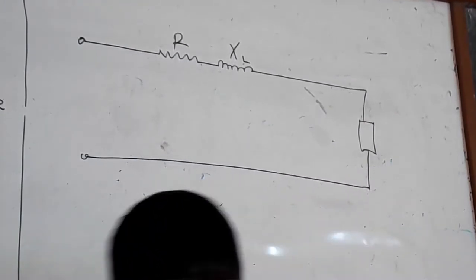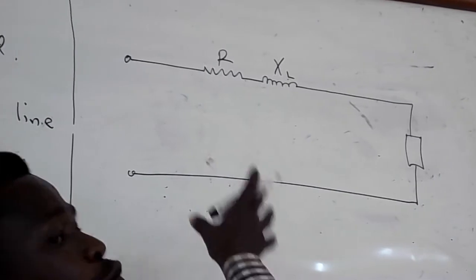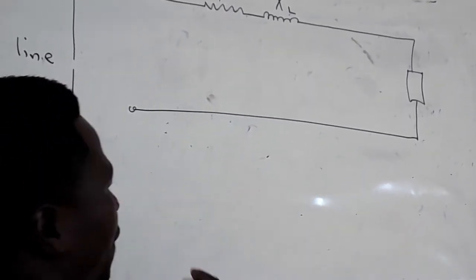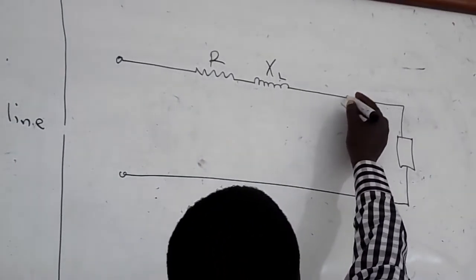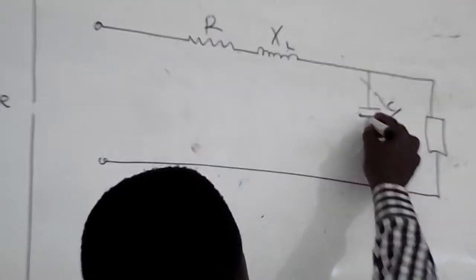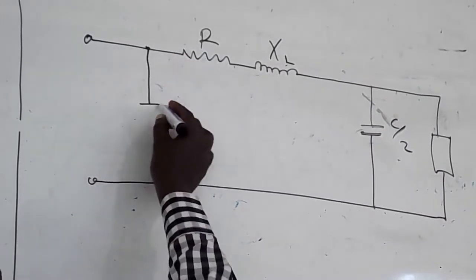In our previous lesson, we discussed the equivalent circuit of nominal pi method, and we said that the capacitance is divided into two, whereby one half is at the receiving end and another half is at the sending end.